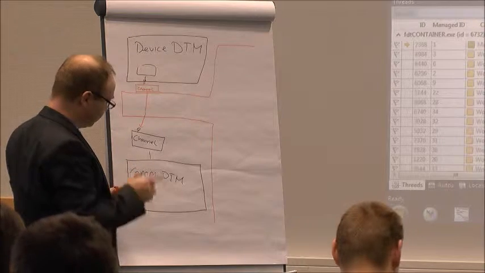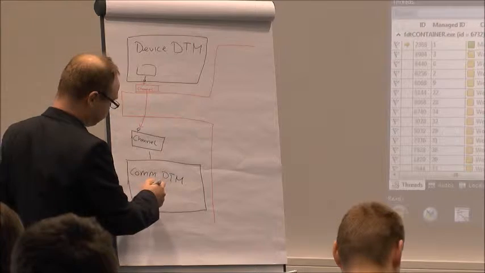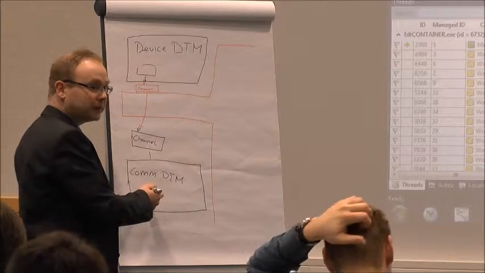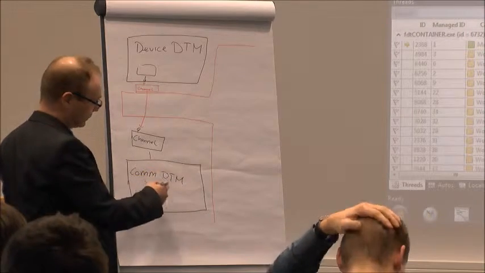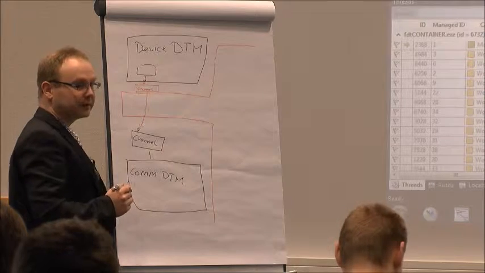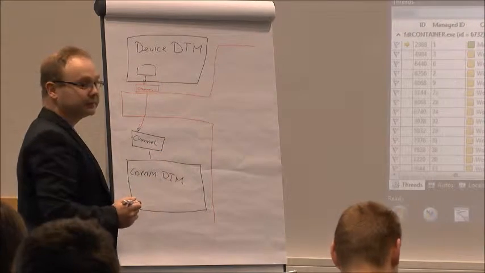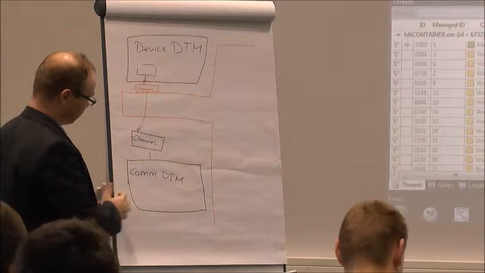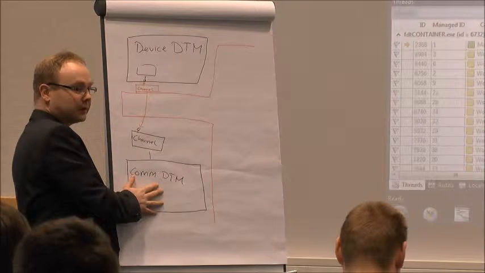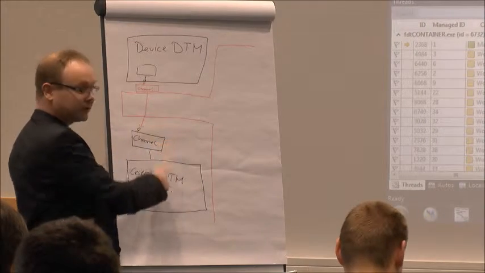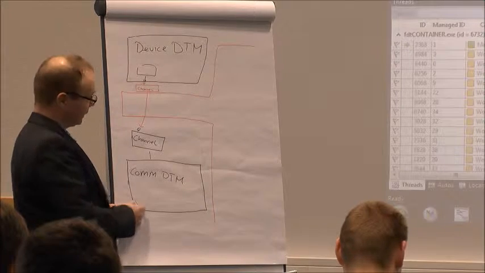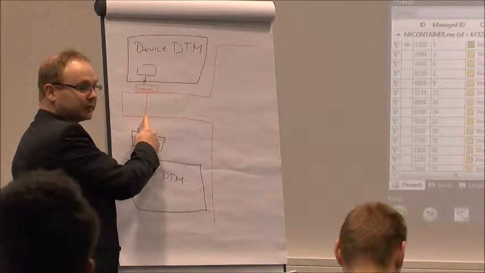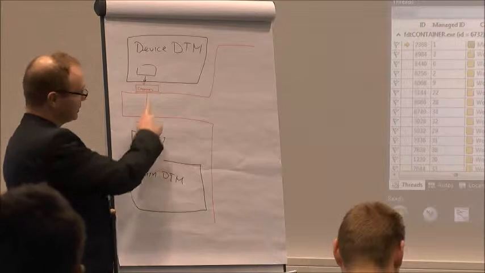But if, for example, this DTM is a CLR2 DTM, and it says I cannot run in a CLR4 environment, but this one is a CLR4 DTM, and maybe the frame is also CLR4, then it has to put this one into a different process, because it cannot start it in the same process as the frame. And then it has to find some way to cross the process boundary. And here our implementation uses a named pipe.